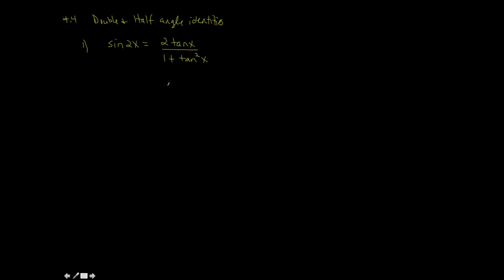I'm using the right hand side to simplify to get sine 2x, but in order to get tangent into a sine, I'm going to have to change everything back to sines and cosines. So let's change all of our tangents to sines and cosines.